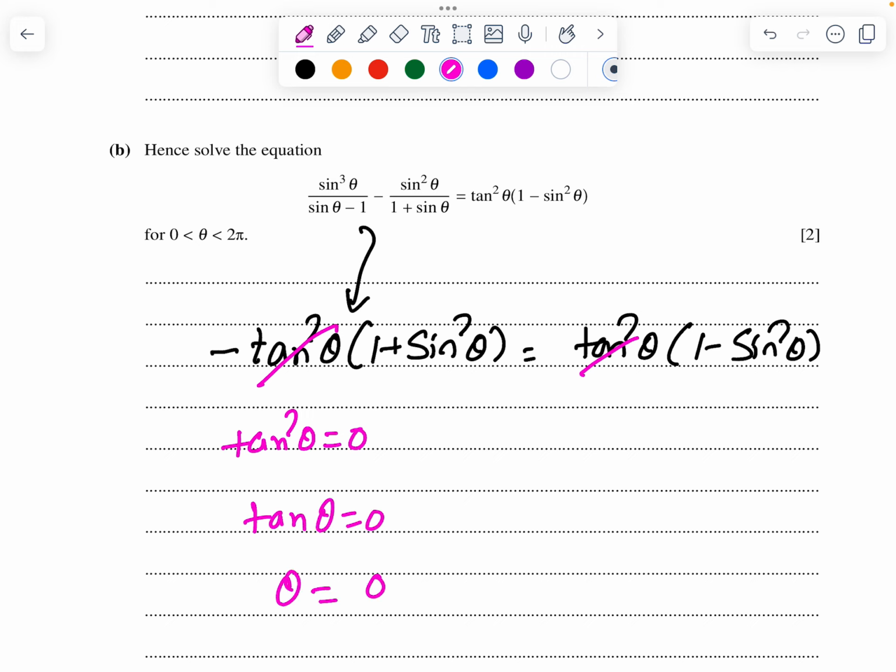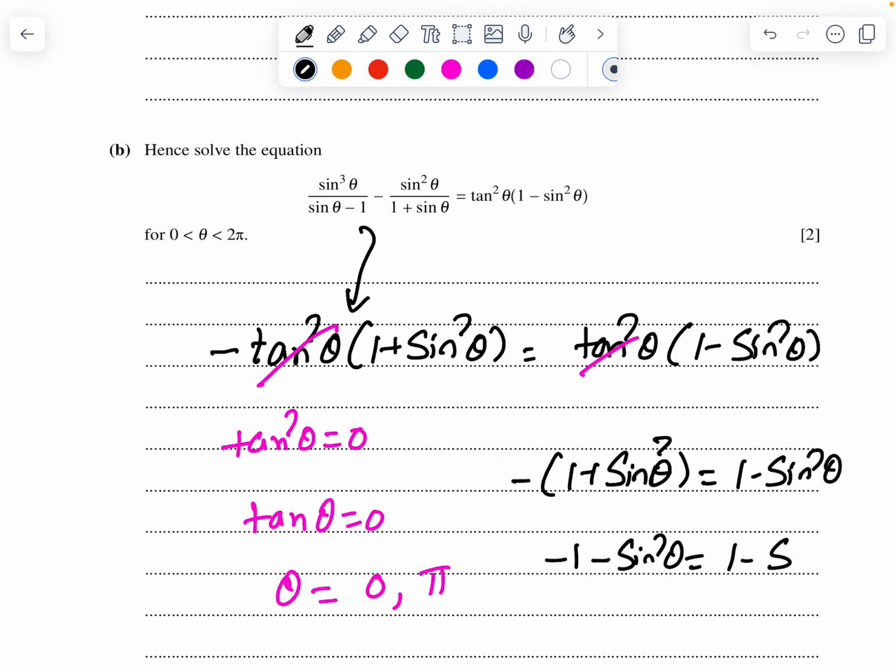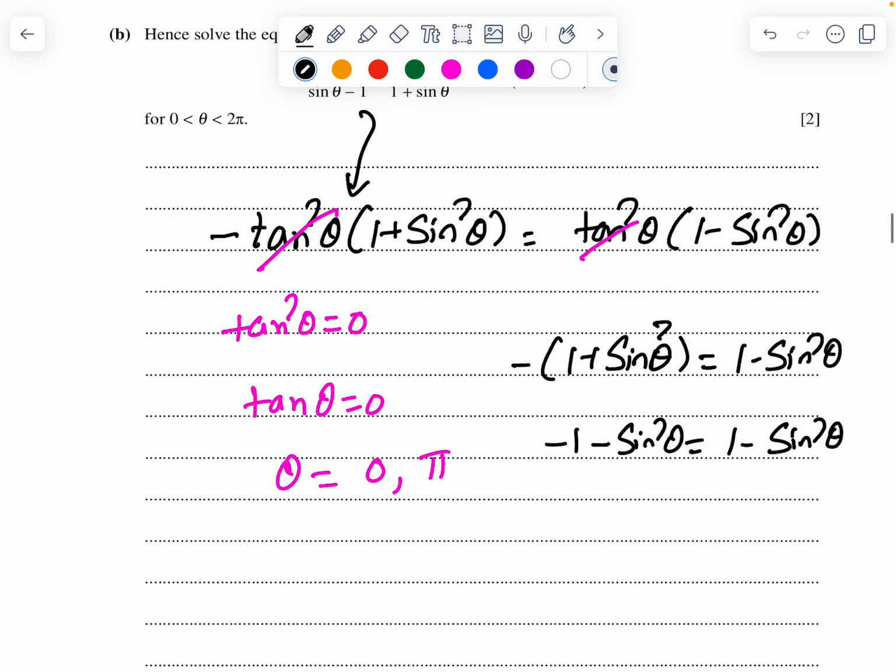So tanθ equals 0, so θ equals 0 or π. Tan 180 is also 0. Then I am left with −(1 + sin²θ) equals 1 − sin²θ.